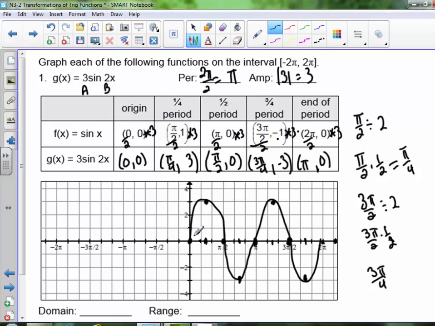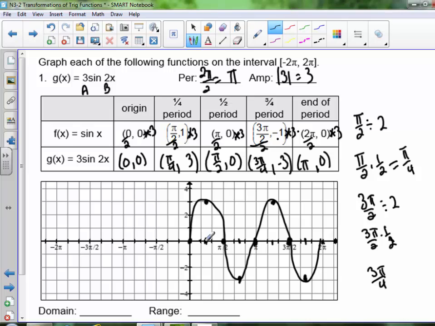Okay. All right, now to go to the other side to get to the negative 2 pi portion, because we're supposed to go to negative 2 pi. We have to remember that sine is an odd graph. So basically, we're going to reflect over the origin. So 0, 0 stays put.